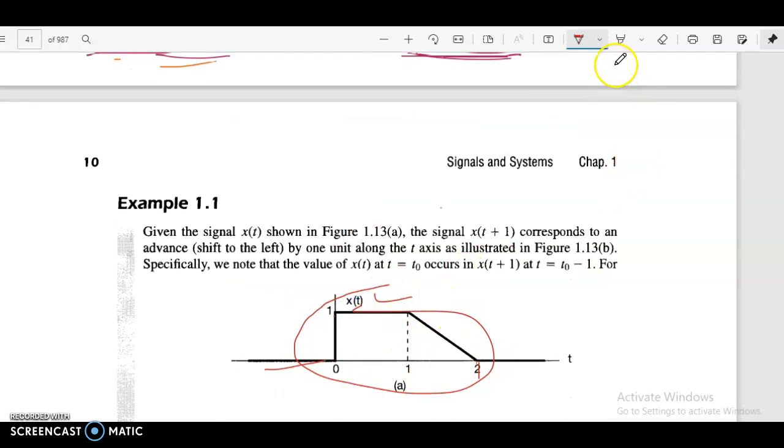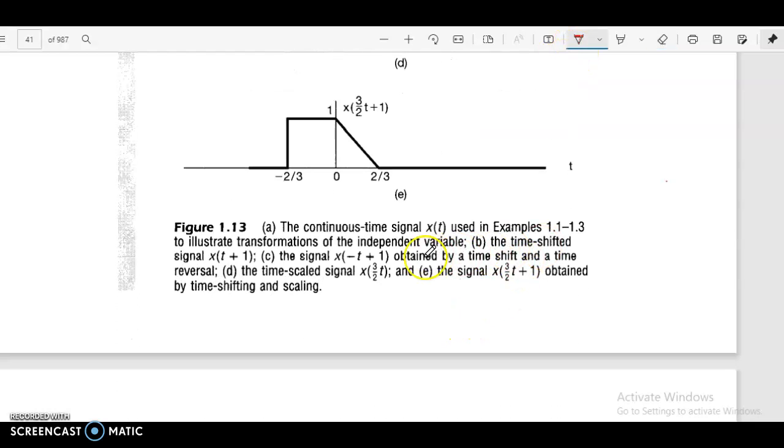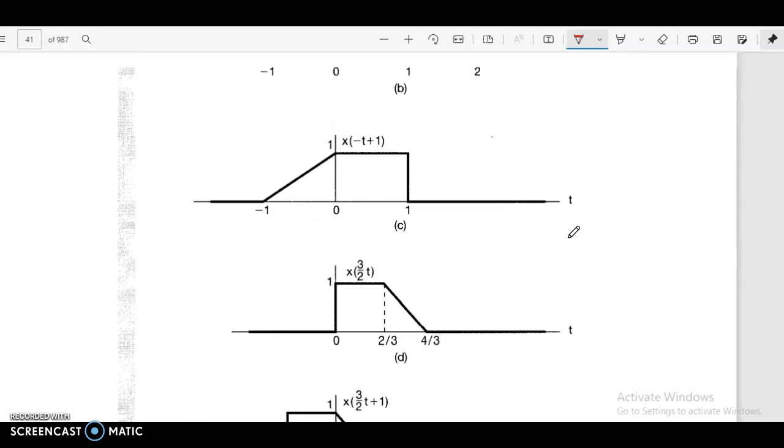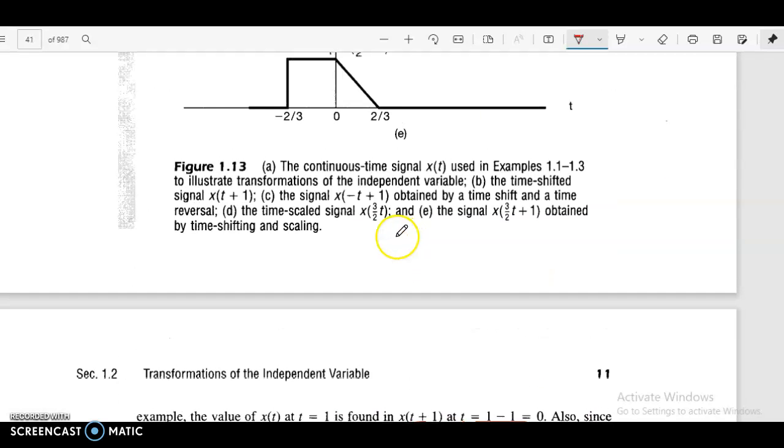B is the time shifted signal x of t plus 1.